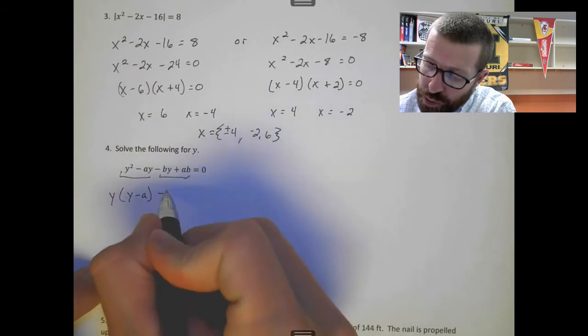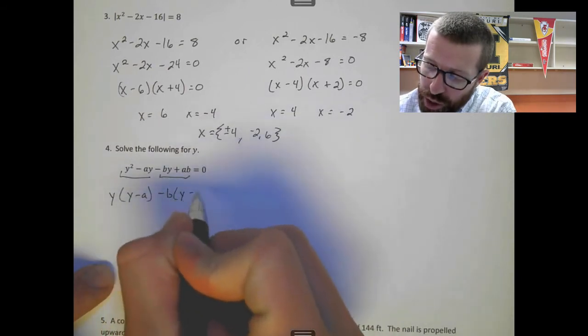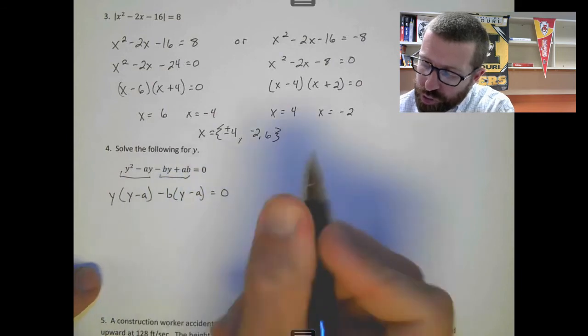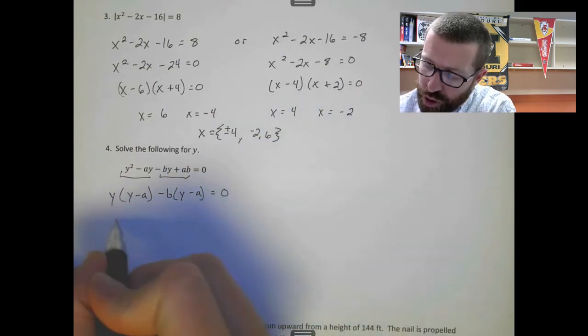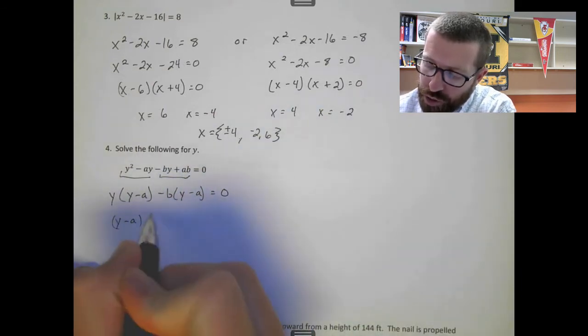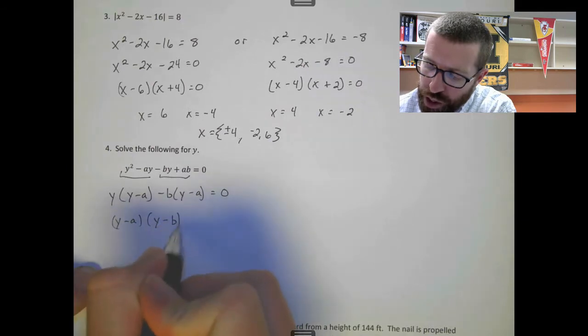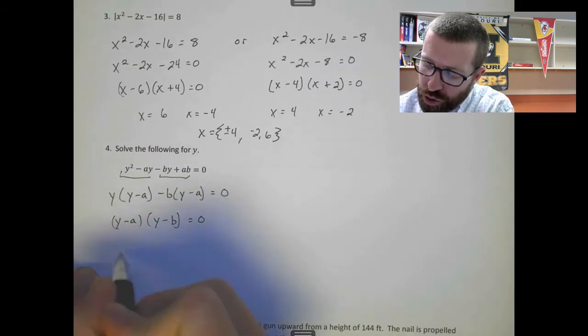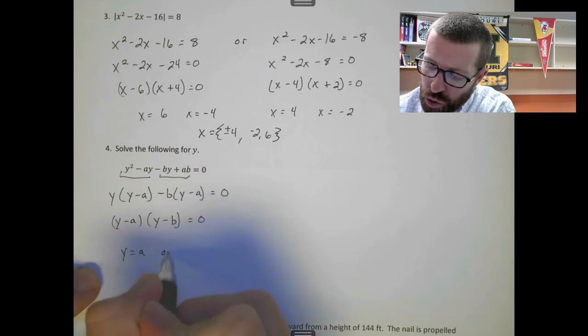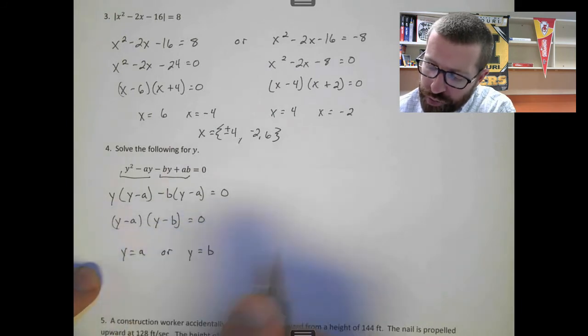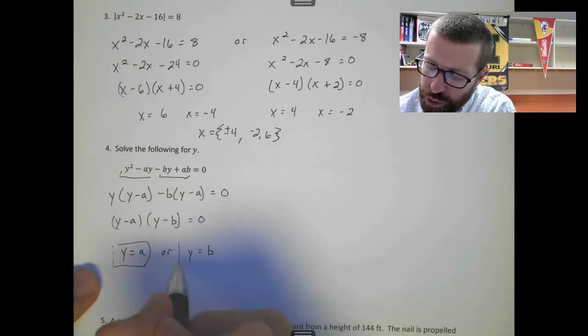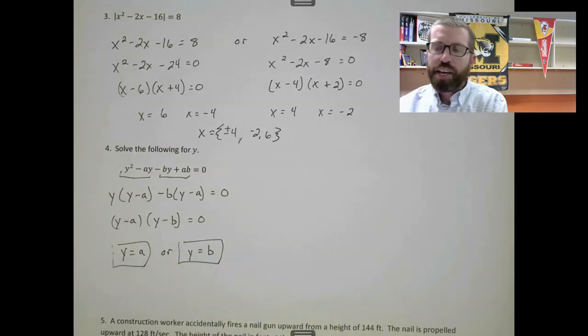So we'll take a negative b, and that's y minus a. And then y minus a is my new greatest common factor, and then y minus b. And so y is equal to a, or y is equal to b, when you set them equal to 0 and then add the a and add the b.